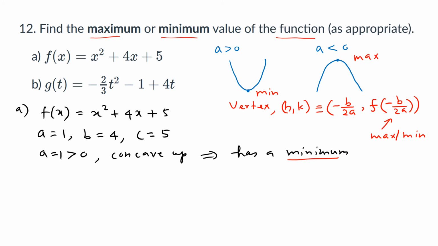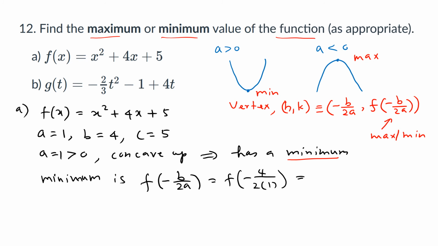It is f of negative b over 2a. So we're going to find f of negative b, which is 4, over 2 times a, which is 1. If you simplify, you get negative 2. So it is just f of negative 2.